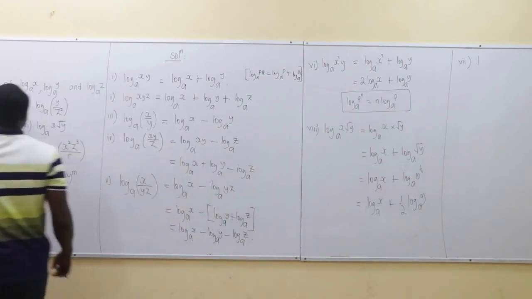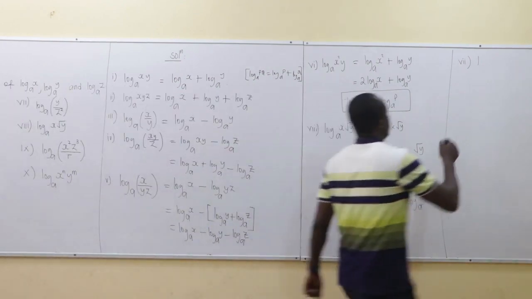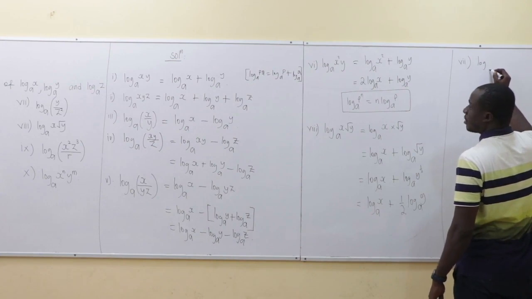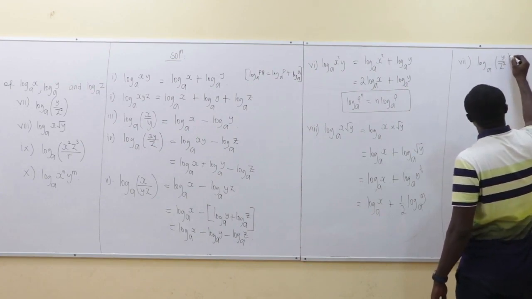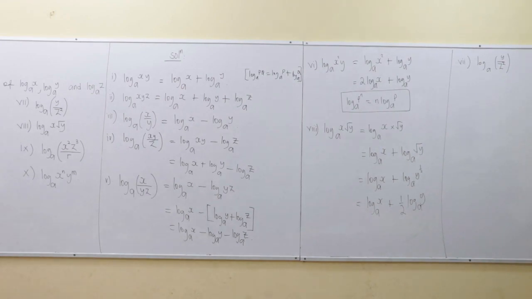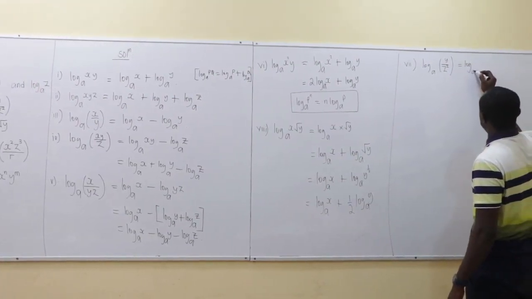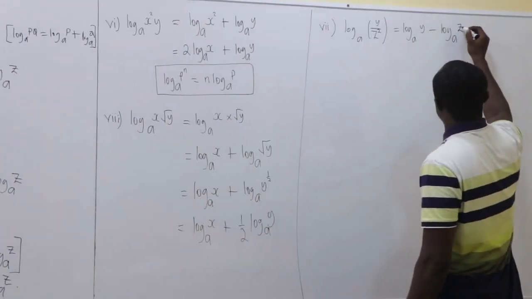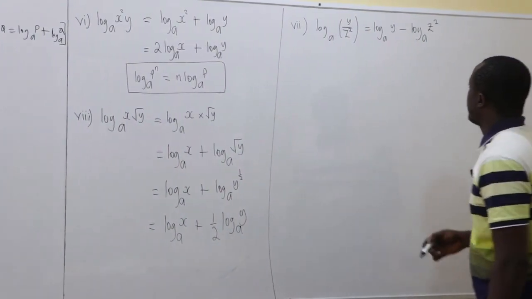Rather, our seventh question is log a of y over z squared. Applying the rule, that's the law, log a of y minus log a of z squared. Why? When you are dividing, we subtract the exponent.